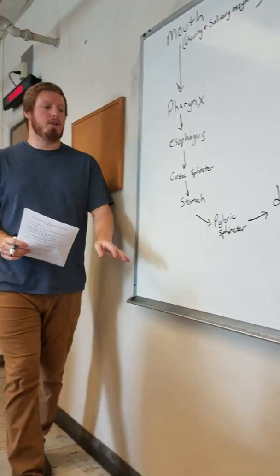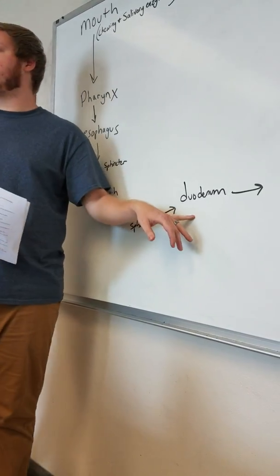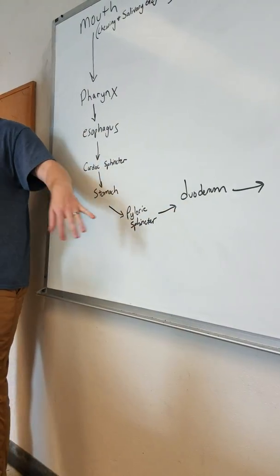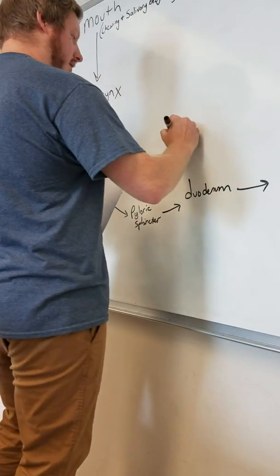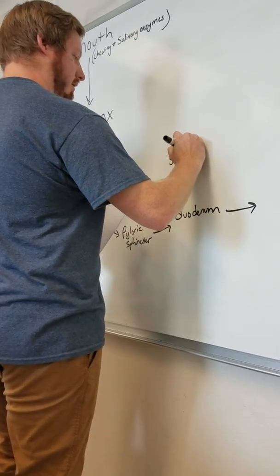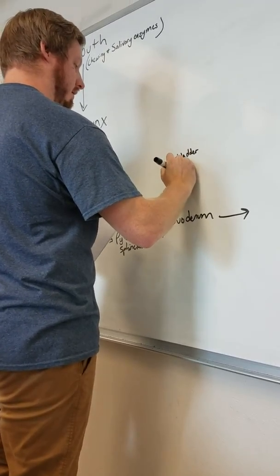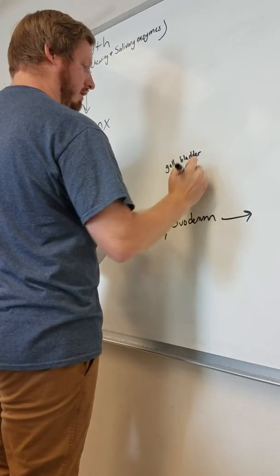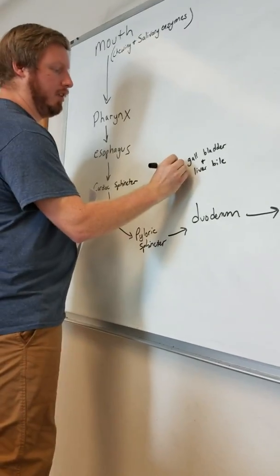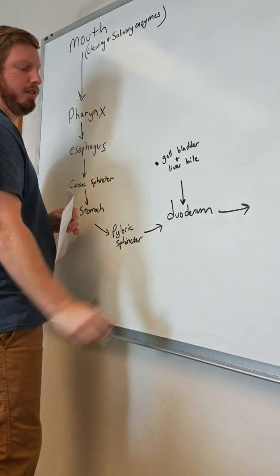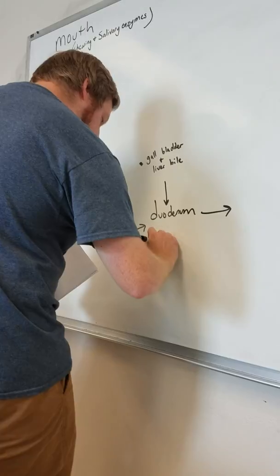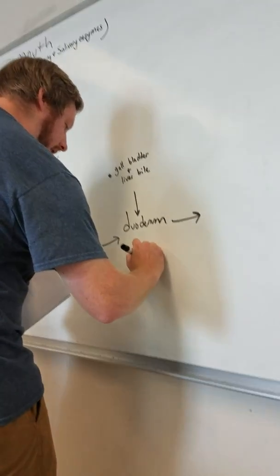If you want to make a note here, that's where you have bile from the liver and the gallbladder going into the duodenum. All right, so I can write that here. You have the gallbladder and liver bile going into the duodenum, and then you also have pancreatic enzymes.